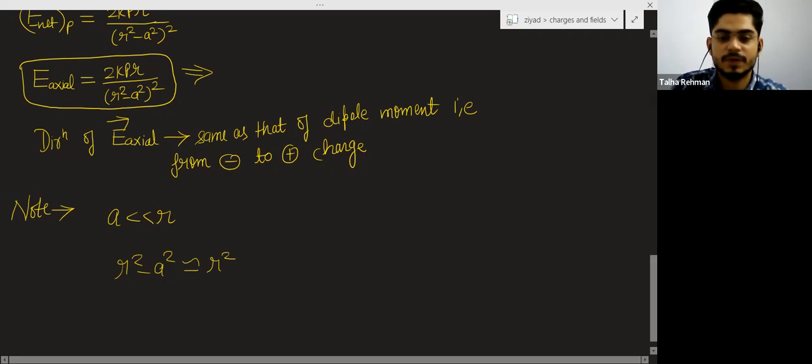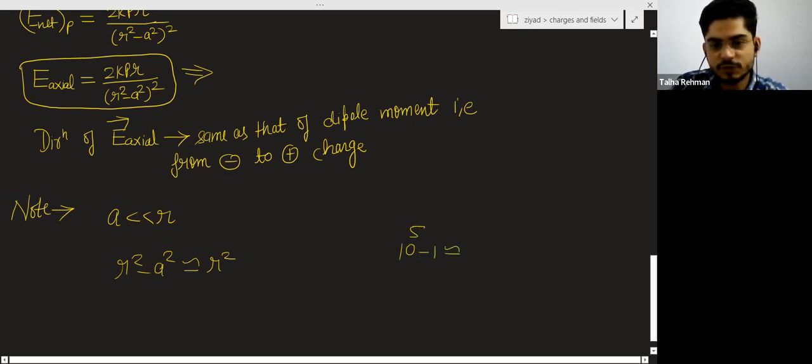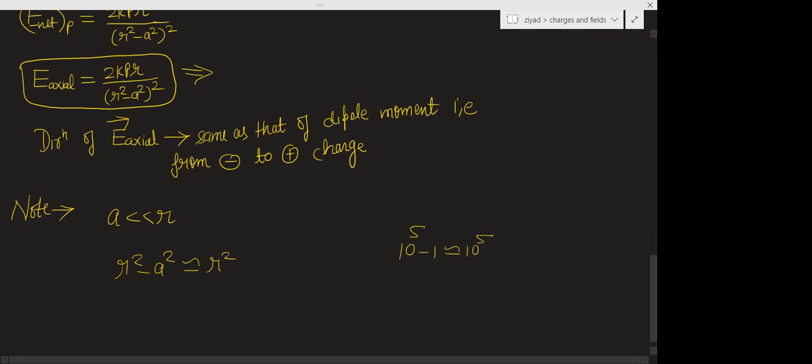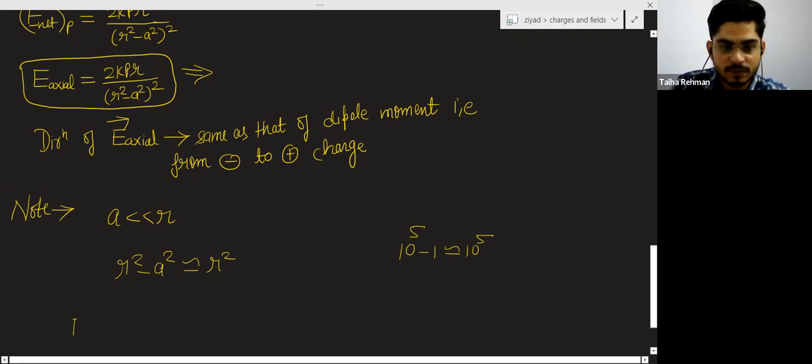We can do this because A is very small. If you have a number like 10 to the power 5, you can write it approximately as 10 to the power 5. So we can change this formula now, for P axial.